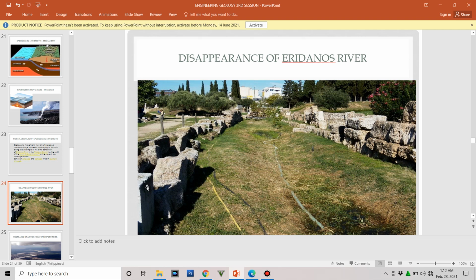So Eridanus began about 40 million years ago, okay, in Eocene. Then by about 12 million years ago in the Miocene, the Eridanus had reached the North Sea area, where the sediments carried by the river built an immense delta. So yung delta is the point of intersection between the ocean and the river. Okay?